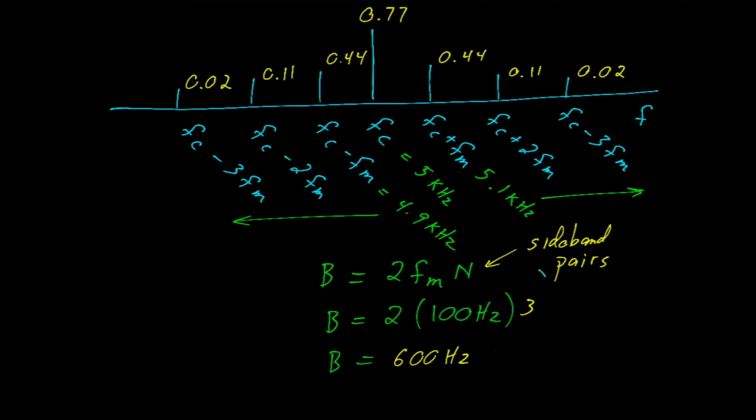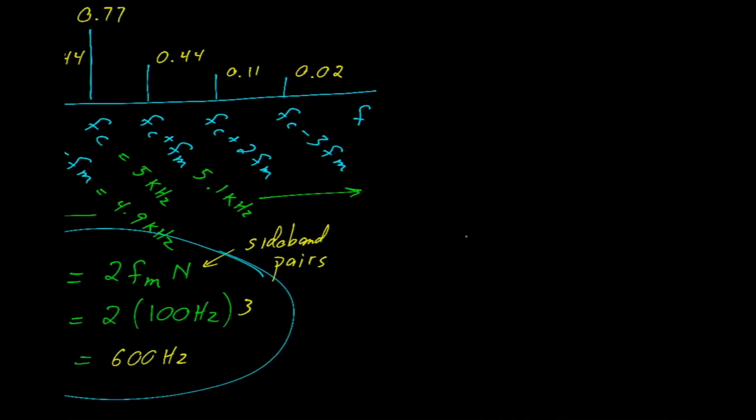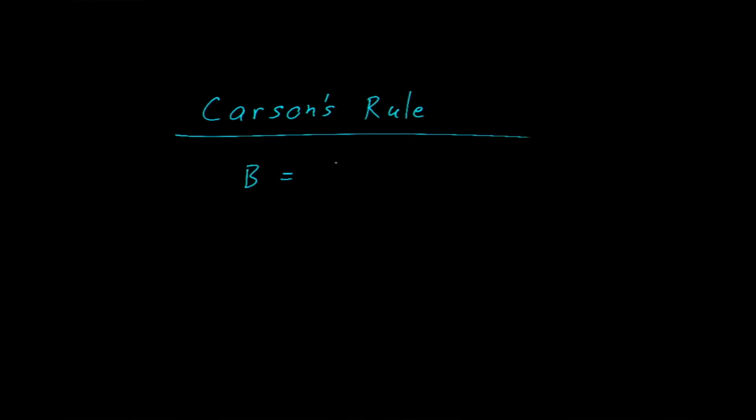Our final topic for today is directly related to the bandwidth of FM transmissions. It's known as Carson's rule, which states the bandwidth is 2 by the maximum frequency deviation plus the maximum modulating frequency.